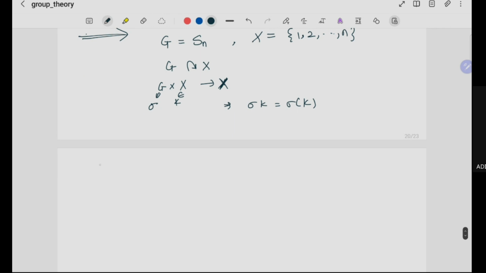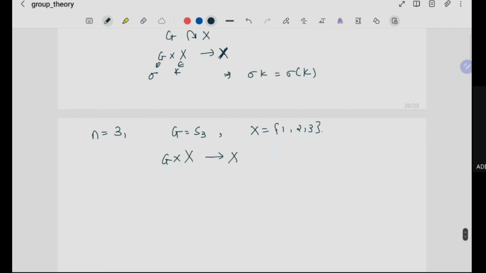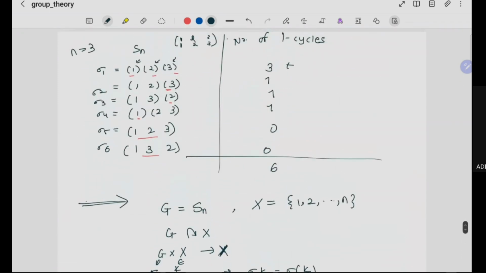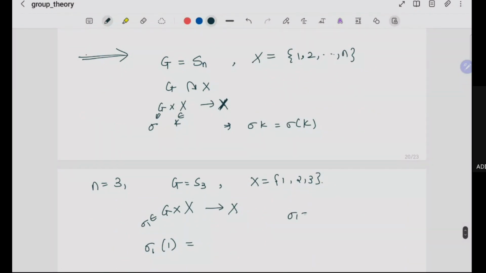To be precise, if I take n to be 3, then G is my S3 and X is 1, 2, 3. Then G cross X to X is: if I take sigma 1 in G and an element of X from 1 to 3, sigma 1 was our fixed cycle.